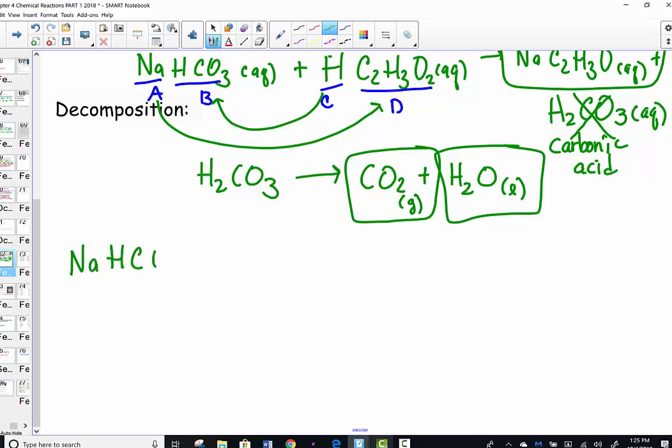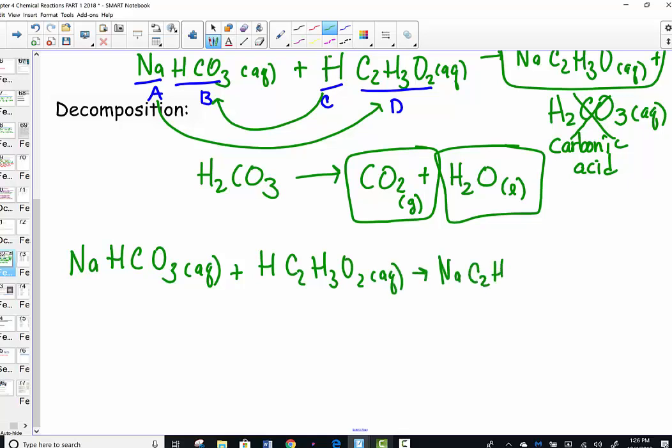When I write out NaHCO3 aqueous with acetic acid, which we called vinegar, aqueous, we saw a salt form, sodium acetate aqueous, and we saw carbon dioxide gas and liquid water.